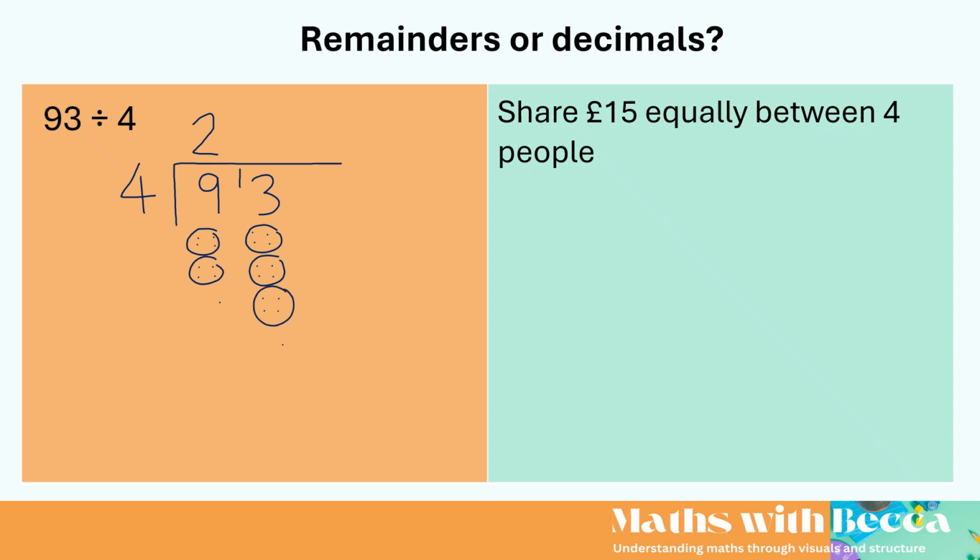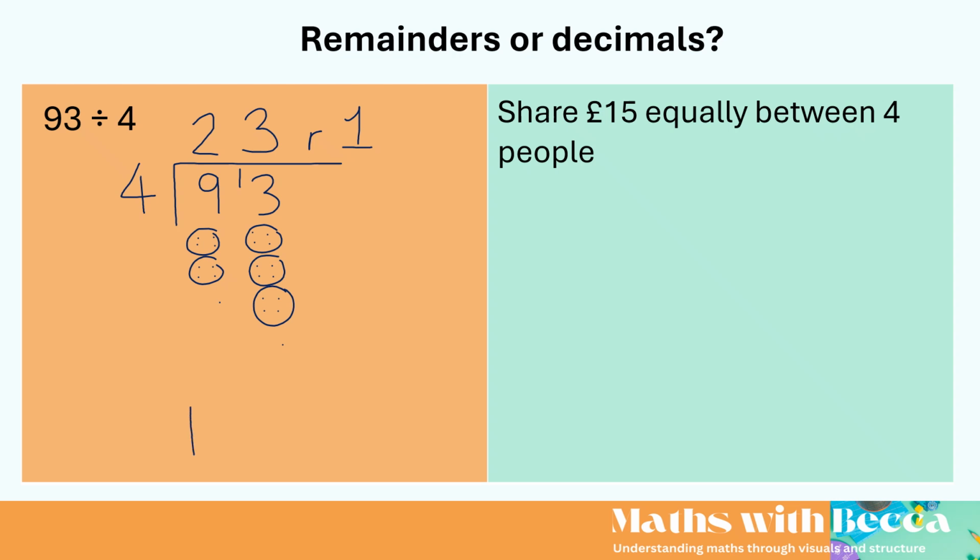So I managed to get my 3 groups of 4. So 3 there. I've got 1 left over and I've got nowhere to carry it. So what I can say is I've got 1 as a remainder, 1 that doesn't fit into the group. So I could put my answer as 23 remainder 1.